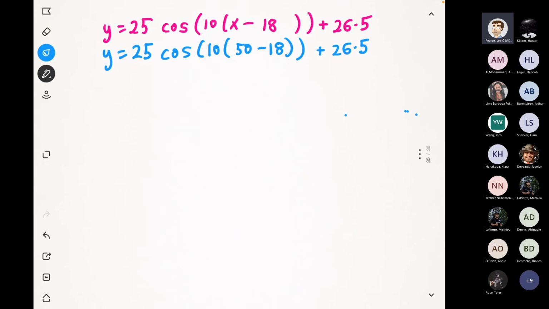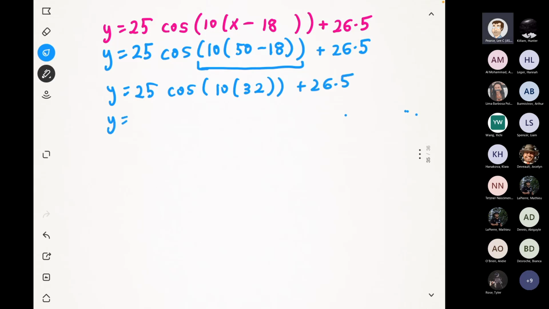So first up, we're going to focus on this inside part here. Even more specifically, I'm going to focus on simplifying that angle, cosine of what? I'm going to do every single step here. You may want to skip some of these steps, but we're going to have cosine of 10 times 50 minus 18, which is 32.